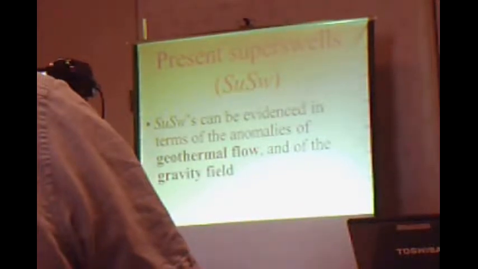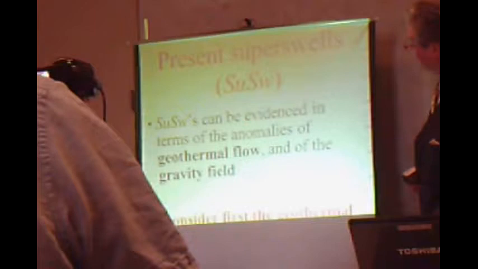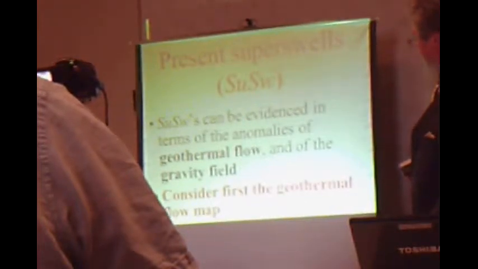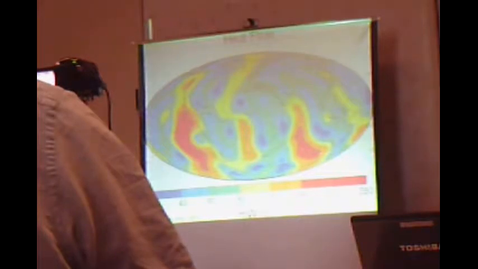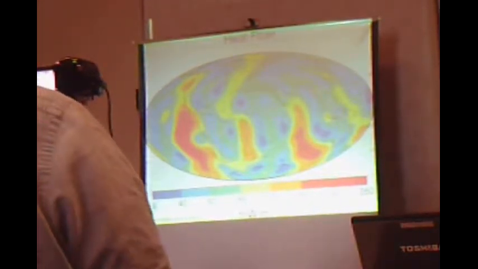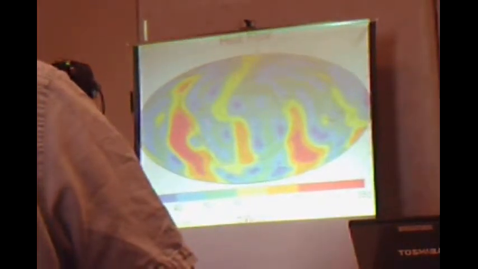The geothermal flow and the gravity fields show how these supercells work. I'll go into that. First, the geothermal. See here the Southeast Indian Ridge, the Mid-Atlantic Ridge, the East Pacific Rise, and there's your orogeny, the Andes, in between these two supercells.